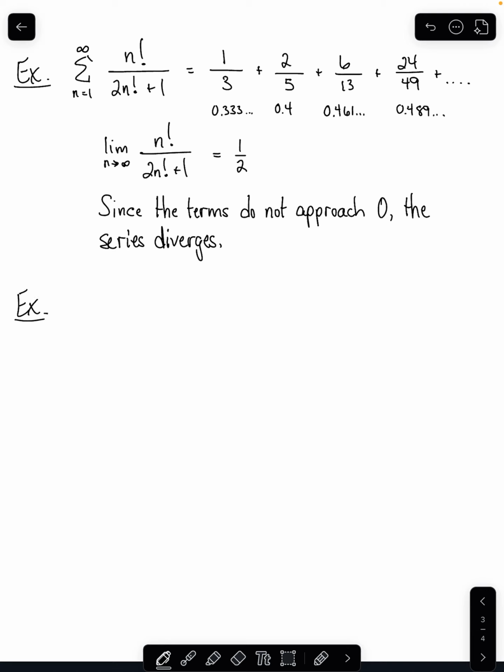Another example would be the series from 1 to infinity of 1 over n.